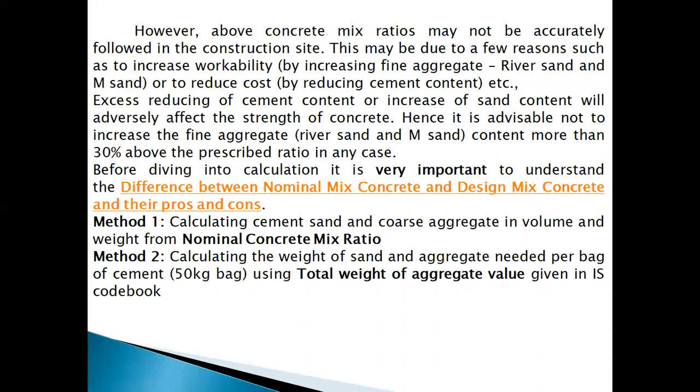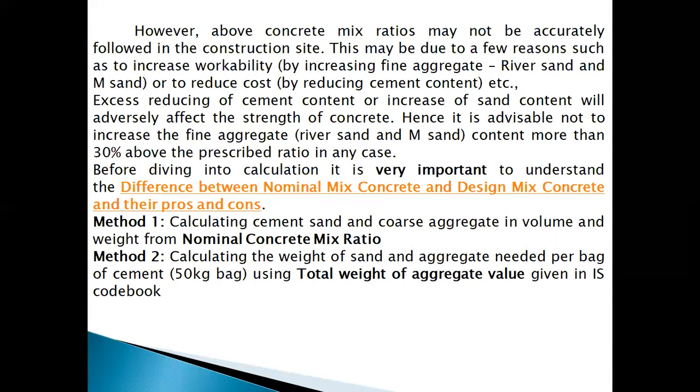However, concrete mix ratios may not be accurately followed at construction sites. This may be due to reasons such as increasing workability by increasing fine aggregate, river sand and M sand, or reducing cost by reducing cement content.